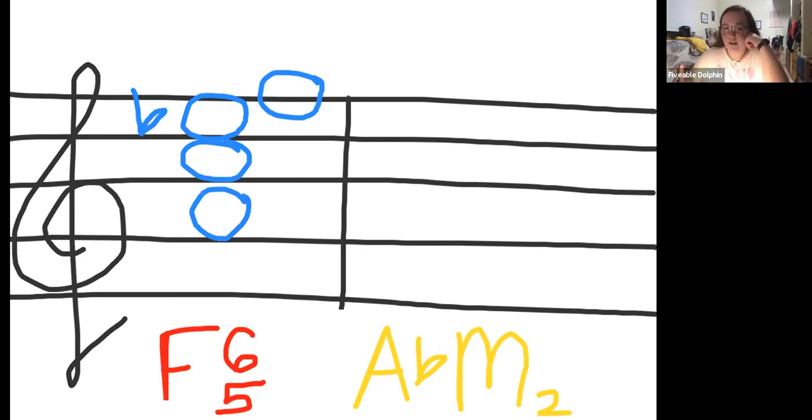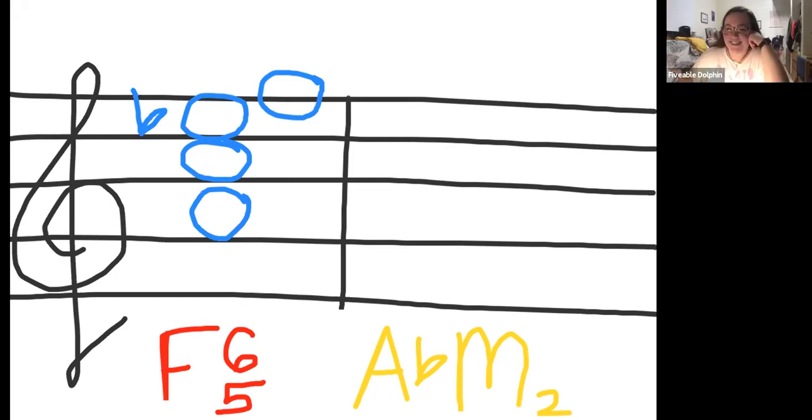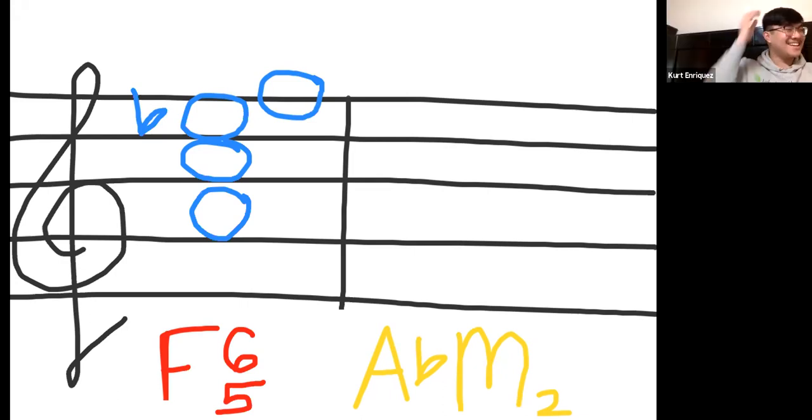Then you can erase it later and write the other one next to it. Oh, I'm not muted. You didn't say anything, so you're fine. I was gonna say something like, okay, for the third inversion, are we gonna... for this one, I feel like I'm gonna have to go to the ledger lines.